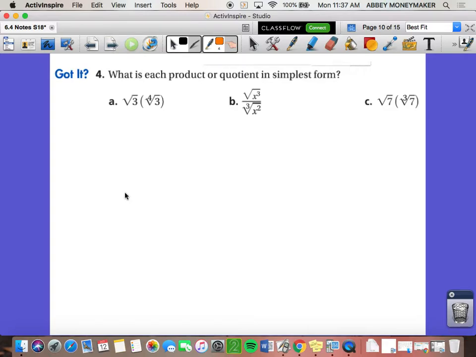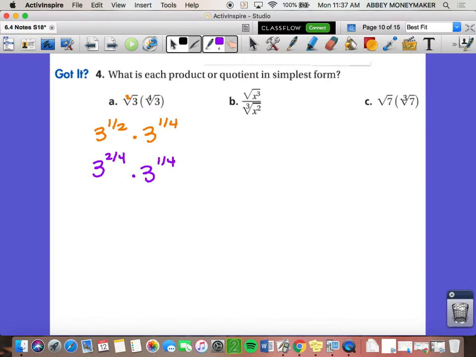So let's keep this going with the next problem. We have the square root of 3 times the 4th root of 3, and again, normally we would say that cannot happen. However, if we rewrite them as rational exponents, I can make them have the same index, per se. 1/2 is the same as saying 2/4.